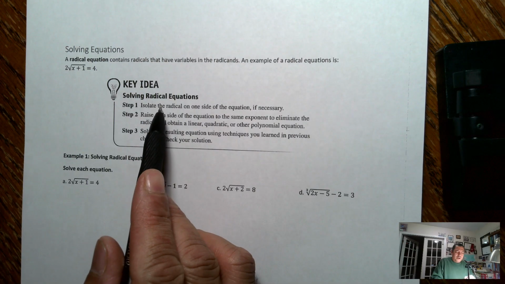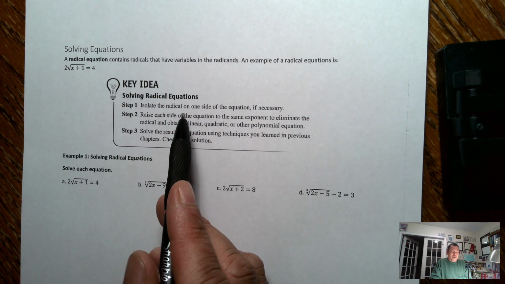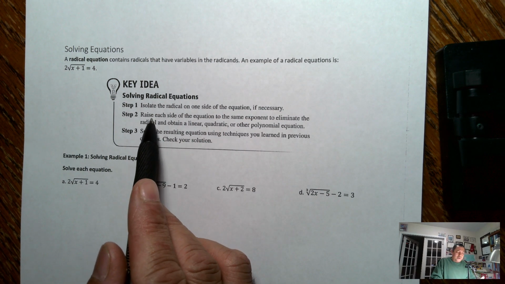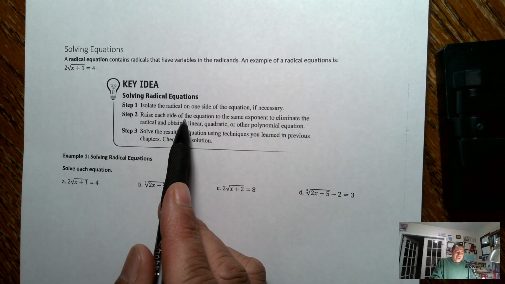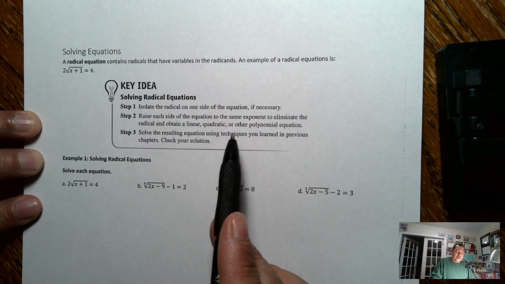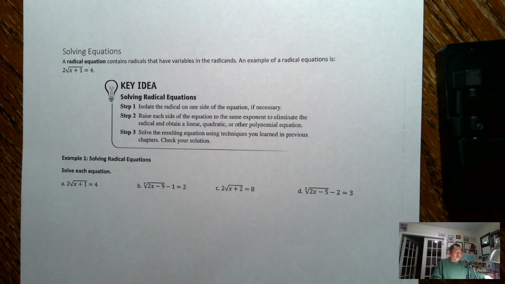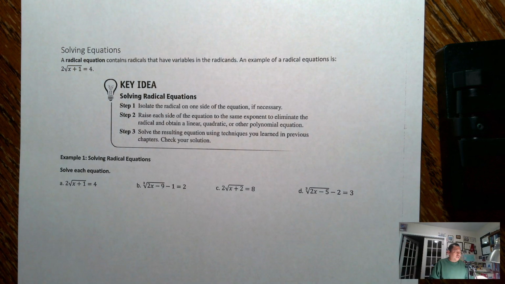Steps: step number one, isolate the radical on one side of the equation if needed. Then raise each side of the equation to the same exponent to eliminate the radical to obtain a linear, quadratic, or other polynomial equation. And finally, solve the resulting equation.